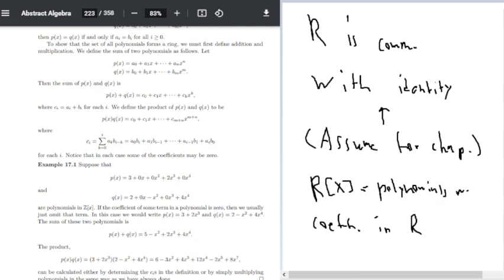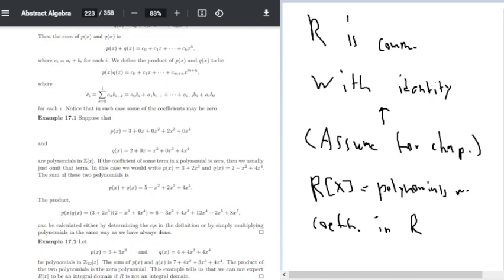Notice that in each case, some of the coefficients may be 0. If the book doesn't make it clear, this is the most general form of polynomial multiplication, but I'm not going to overemphasize it because it's a computational mess. You kind of just work with this definition as needed.